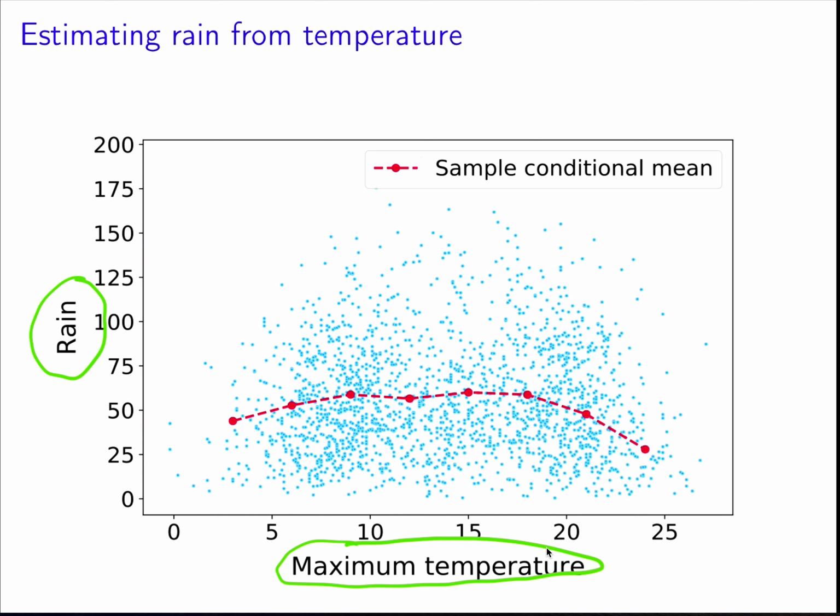Imagine that you know that the maximum temperature is equal to this value. Then what you need to do is take the conditional distribution, so basically a slice here. Ideally the slice would be infinitely thin, so you would only take temperatures that had exactly that value, but of course that's not going to happen in the data.